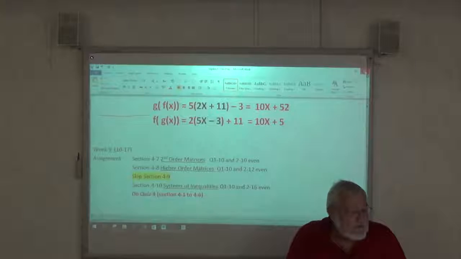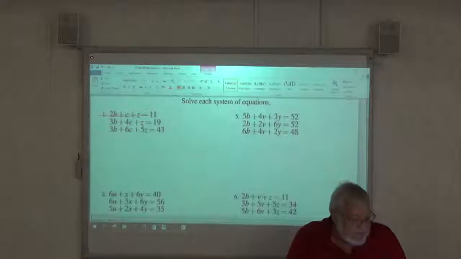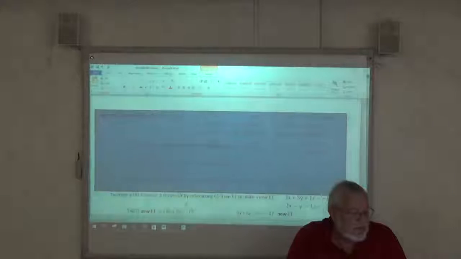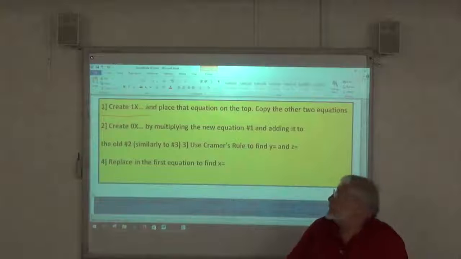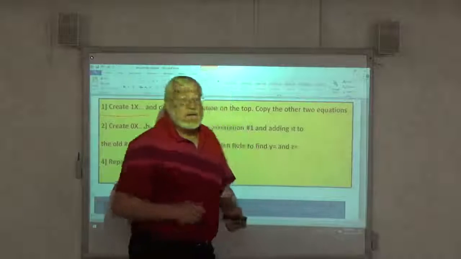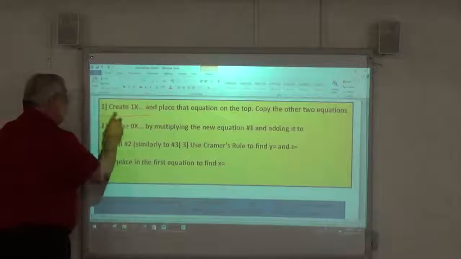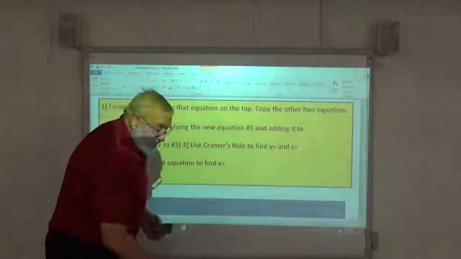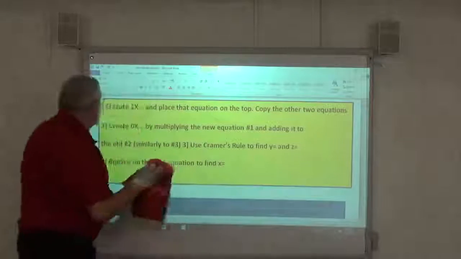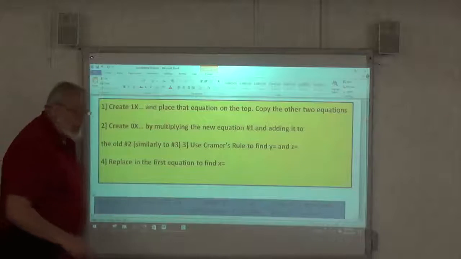Now, I think that I can get this out of the way. All right. Here is my summary of what you're going to do with a system of 3 equations and 3 variables. The first thing that you're going to do is create a 1x where possible.